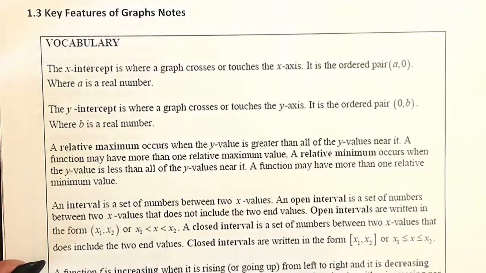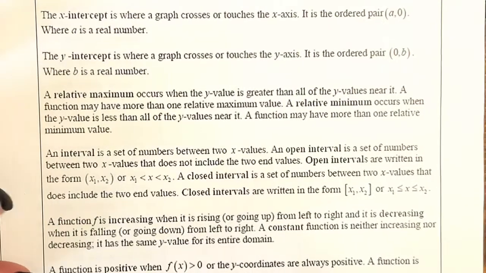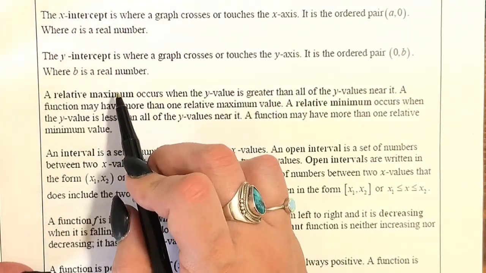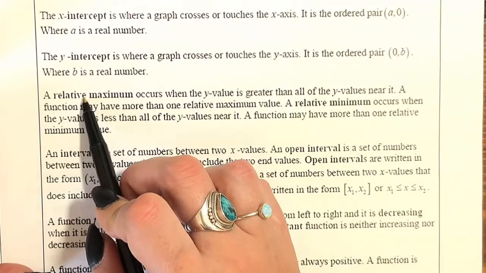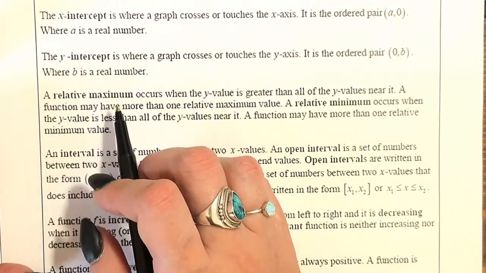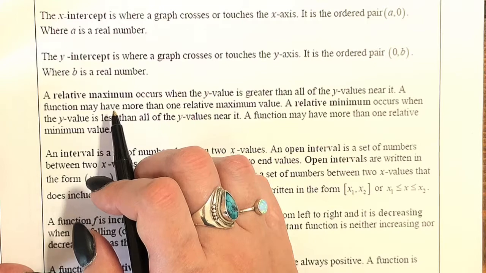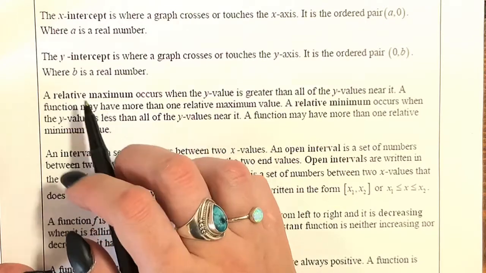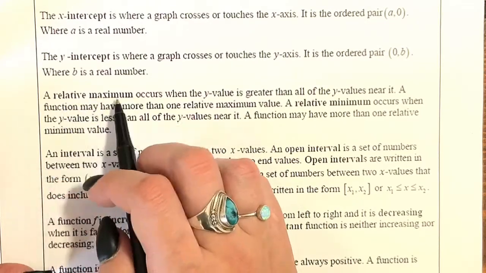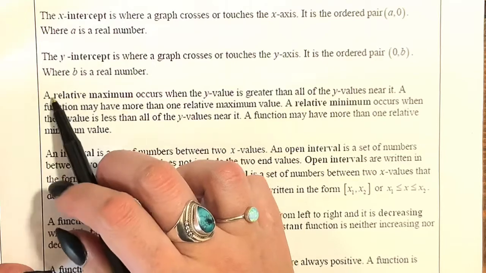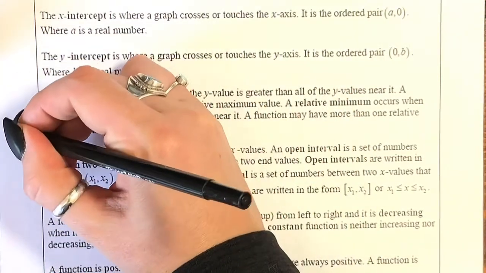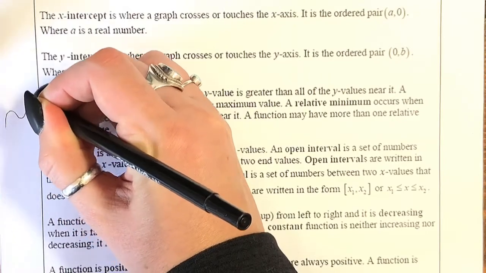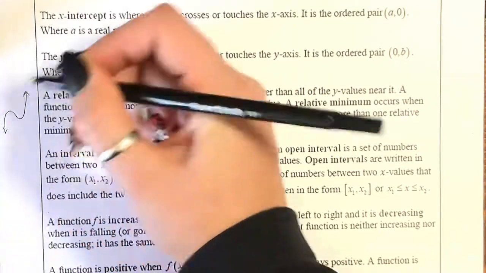So the next thing we're going to look at are what we call relative maximums and minimums. A relative maximum occurs when your y value is greater than all the y values near it. So it's not an overall maximum, but it's just a maximum relative to the points around it. An example of that is if I have a cubic function, remember those give this kind of weird little swoopy shape.